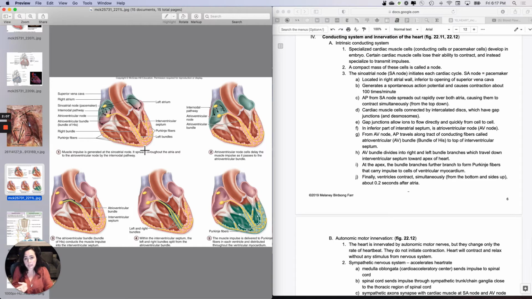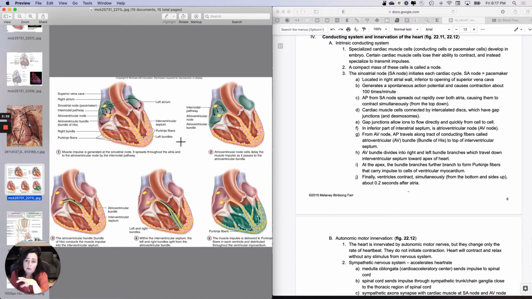The AV bundle splits, and one side goes to the right heart and the other side goes to the left heart. These are called the right and left bundle branches. The right and left bundle branches then talk to the ventricles through fibers called Purkinje fibers.